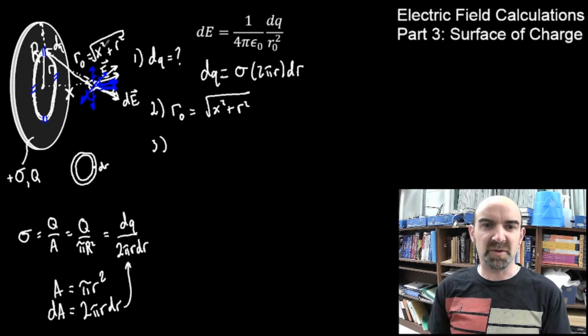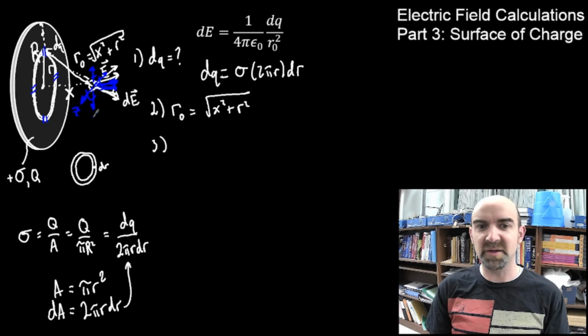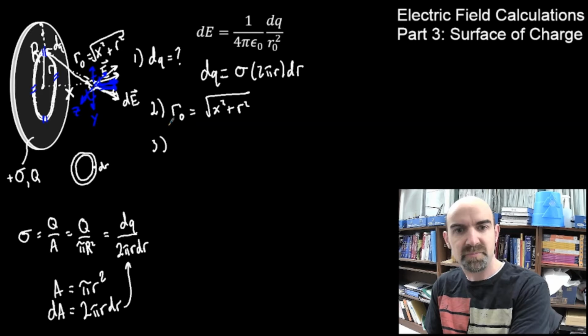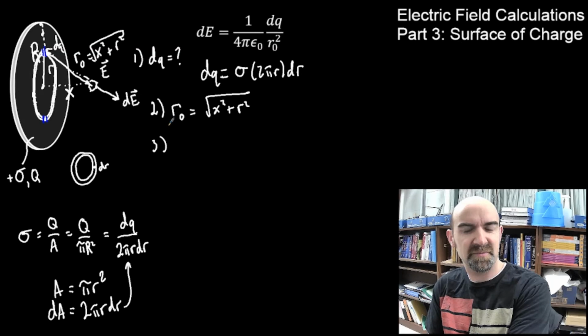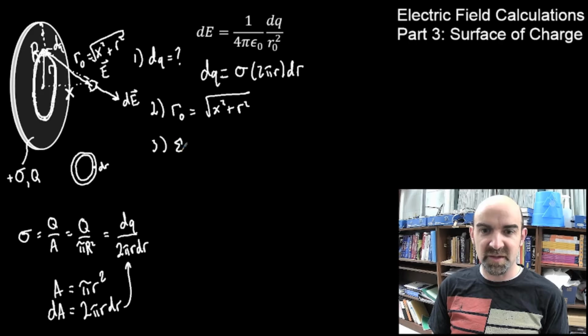If this is the z direction and this is the y direction, all in all, we can say that the sum of our forces in the y direction equals 0, and the sum in the z direction also equals 0.